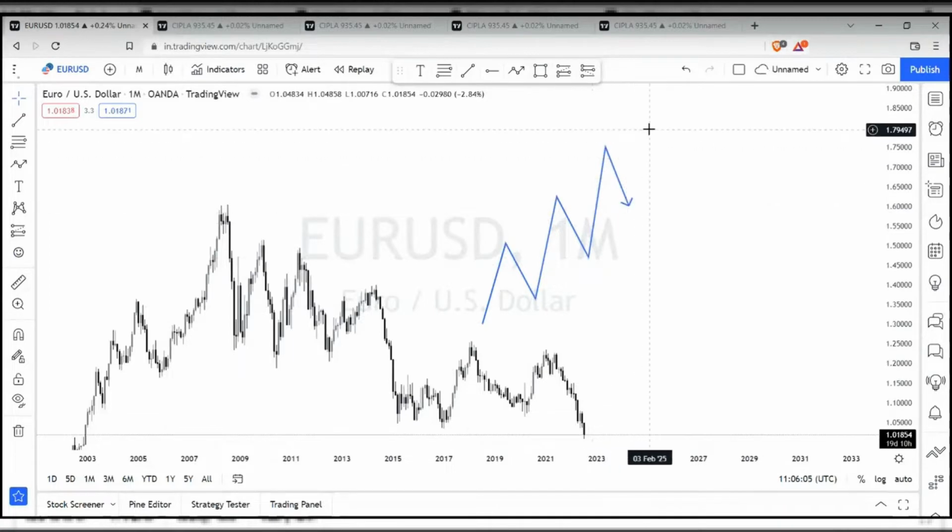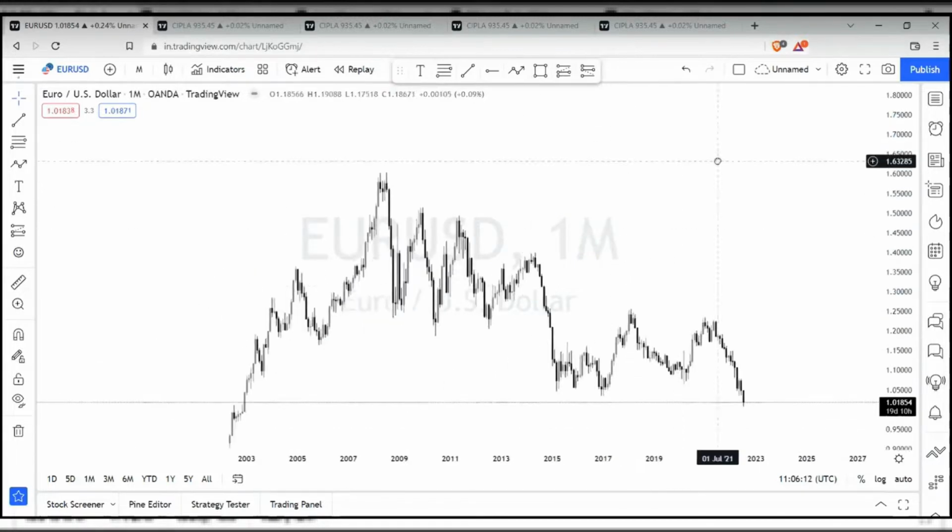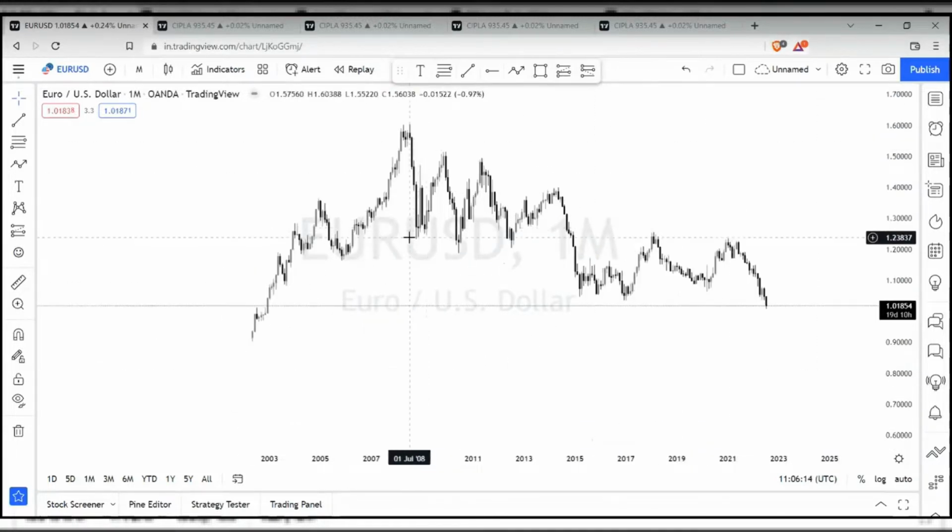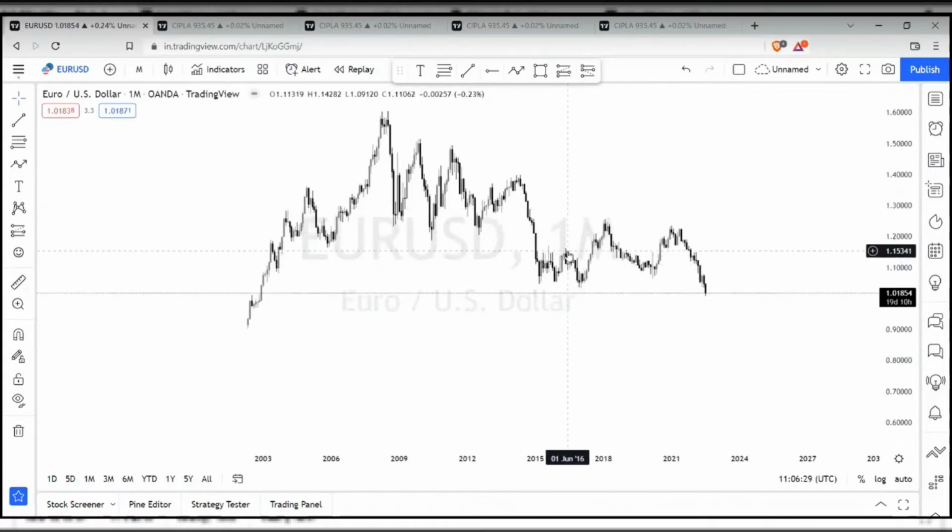Until and unless there is a change of character, a shift of structure, we cannot assume bearishness again. So here we had a clear break of structure right here with this move. This move failed to make a high above this, hence following Dow theory, we have been bearish ever since. Look at this move. Now we can argue that we had a break of structure like this, and this is where understanding our supply and demand zones is very important.